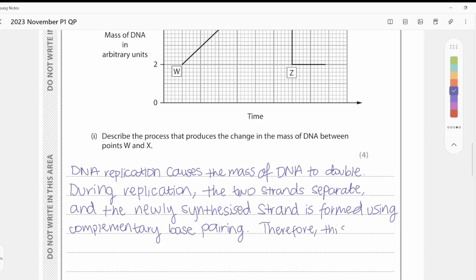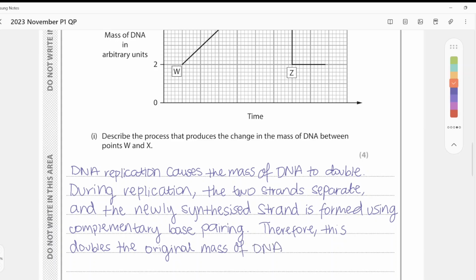Therefore, this doubles the original mass of DNA.